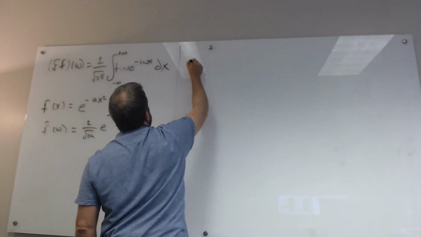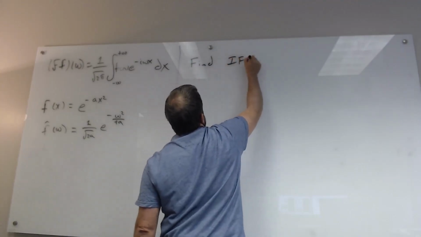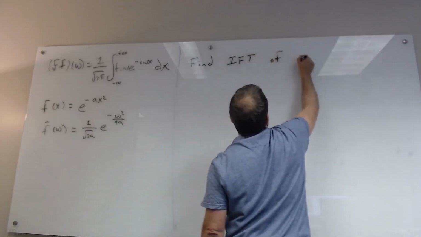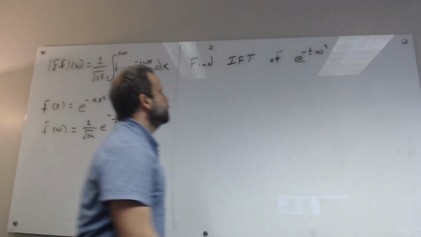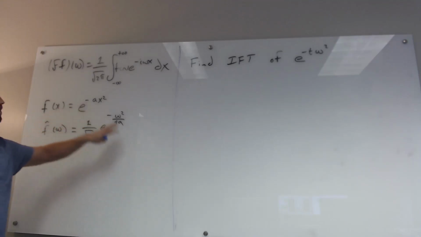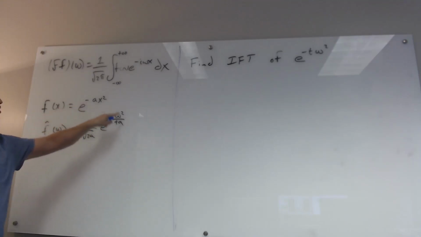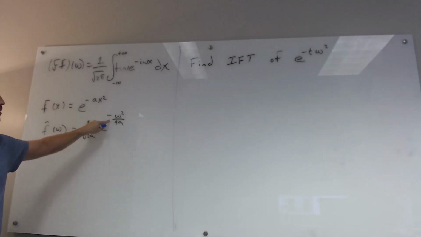All right. So now what we want to do is find the inverse Fourier transform of e to the minus t omega squared. Now I'm going to look over here. The inverse Fourier transform of this function is equal to e to the minus ax squared. So these are similar, in the sense that we have an exponential with a negative exponent.